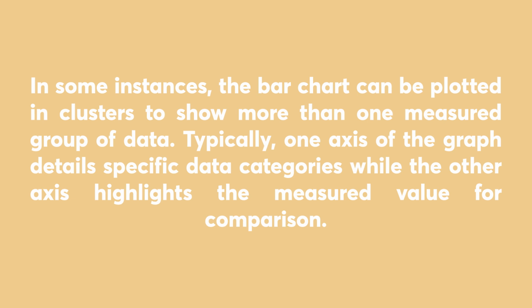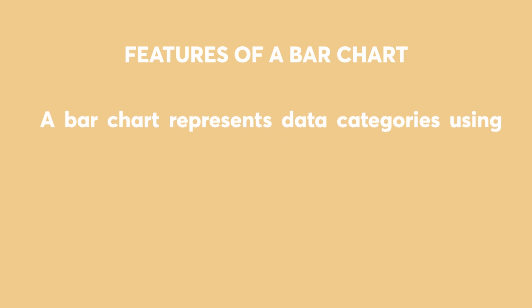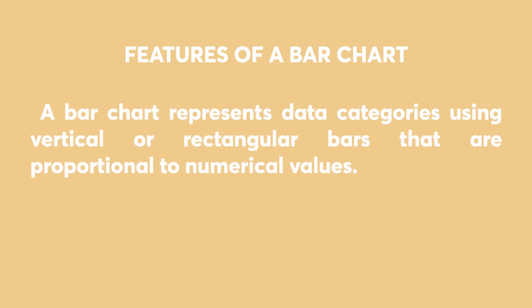Typically, one axis of the graph details specific data categories, while the other axis highlights the measured value for comparison. A bar chart represents data categories using vertical or rectangular bars that are proportional to numerical values.